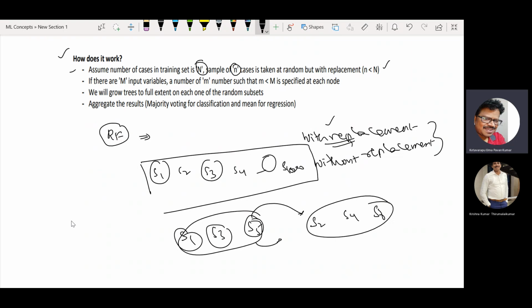In both cases, you can observe, guys, there are m input variables, maybe the features, a number of m such that each data point has them. Just as I am taking the rows, I need to take the columns also, because as you know, all the columns may not equally contribute to the model.